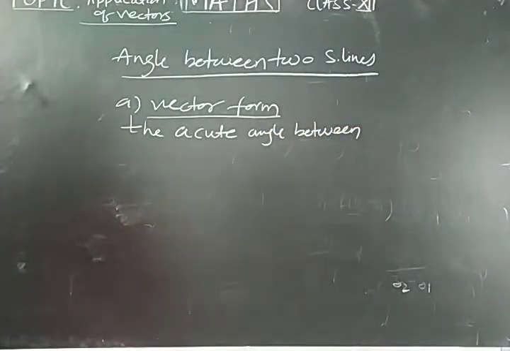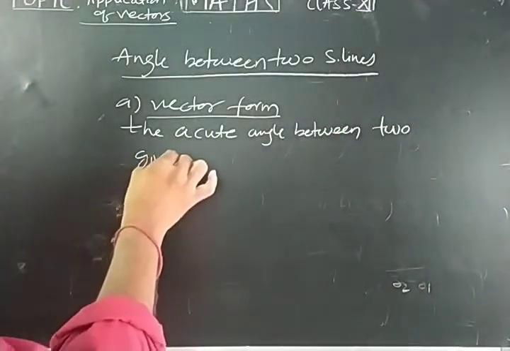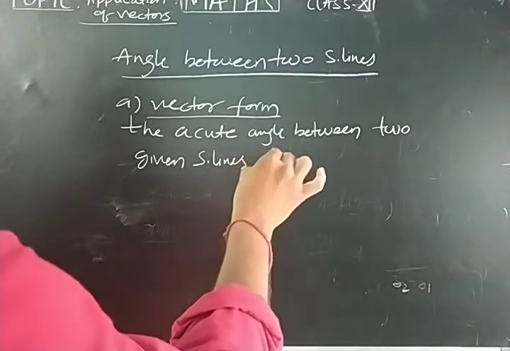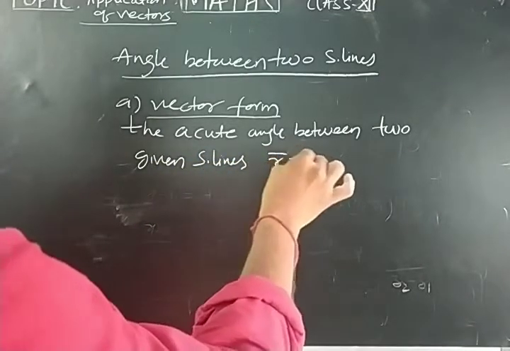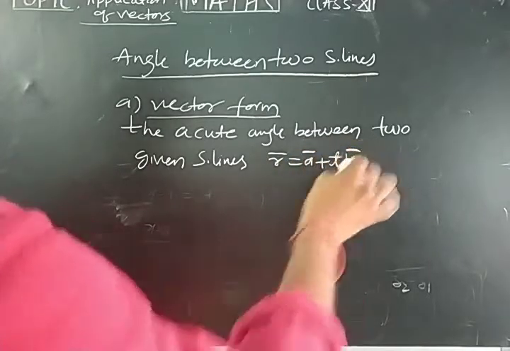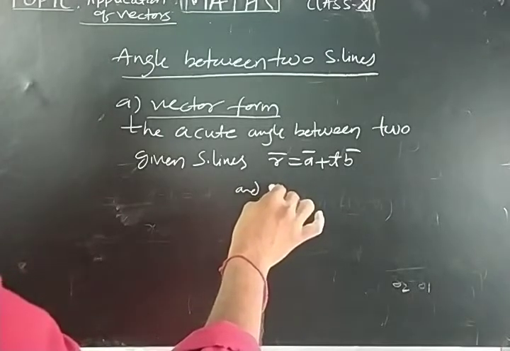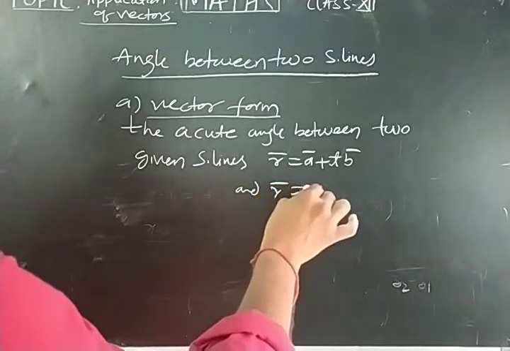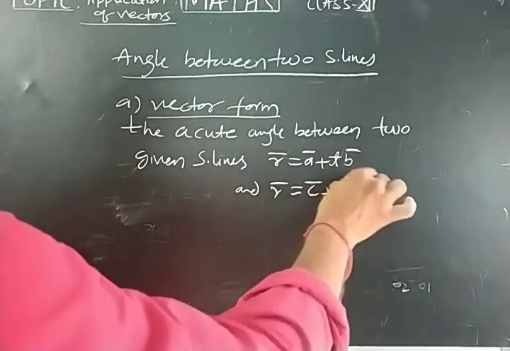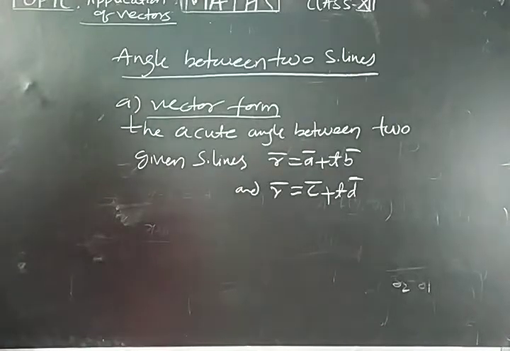The acute angle between two given straight lines. Given straight lines: one straight line is r bar equal to a bar plus t into b bar, and another one is r bar equal to c bar plus t into d bar. We have two straight lines in parametric form.